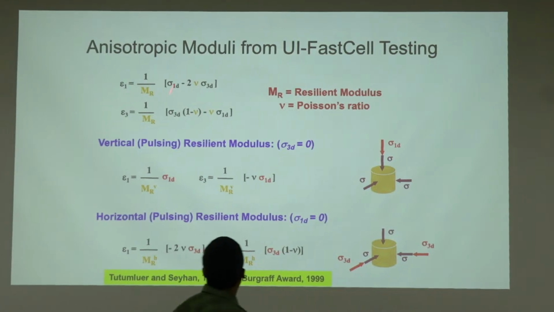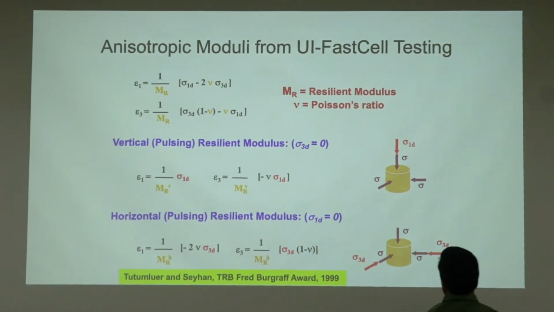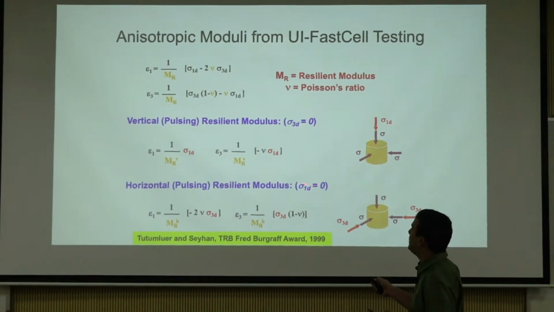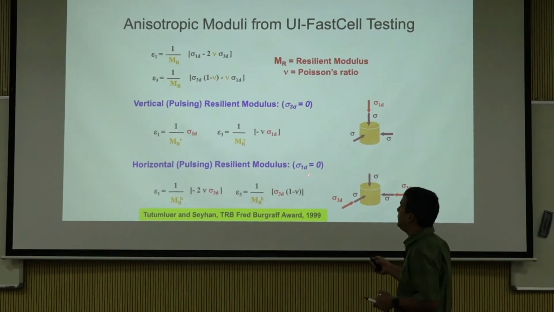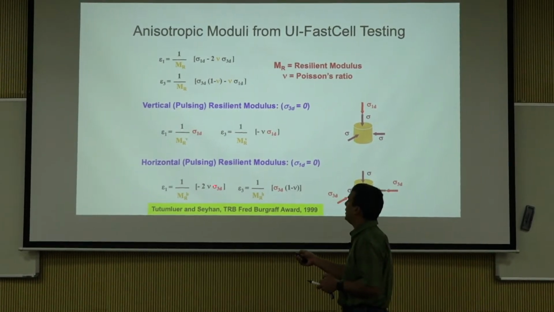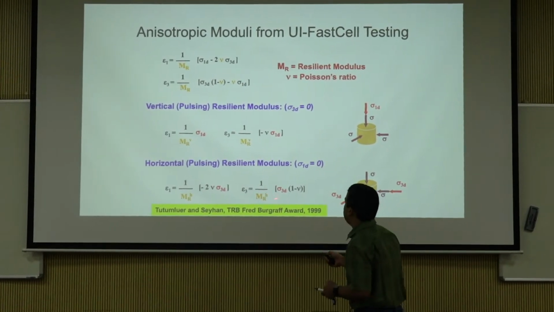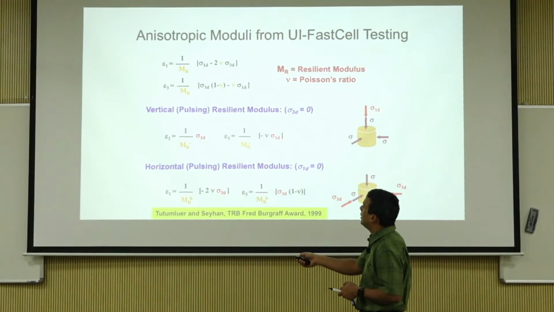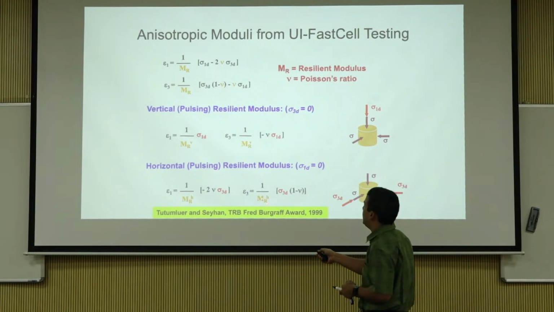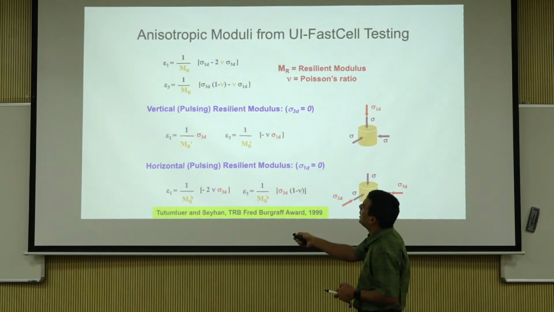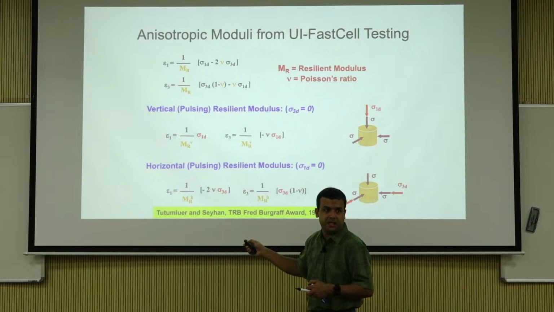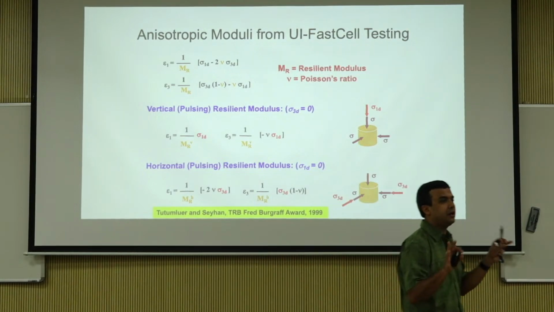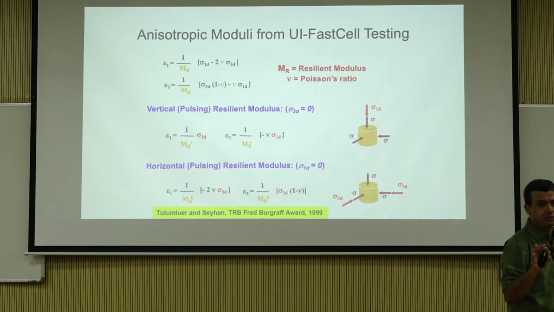When you are doing horizontal pulsing, sigma 1d, or sigma vertical d, is equal to 0, then you can determine epsilon 1 and epsilon 3, and MRH. Look here: when horizontal pulsing, you are determining MRH; in vertical pulsing, you are determining MRV. Right? So now you are able to isolate and separately determine the two resilient modulus values.